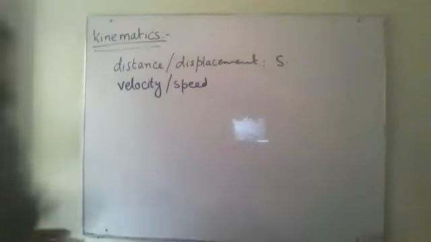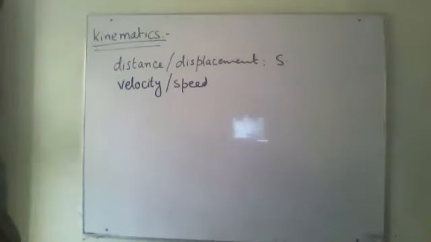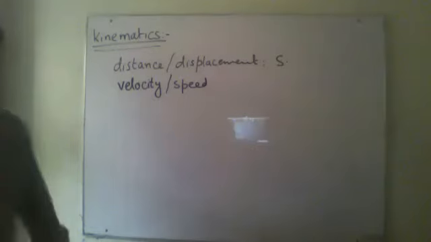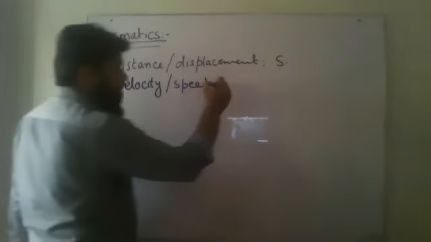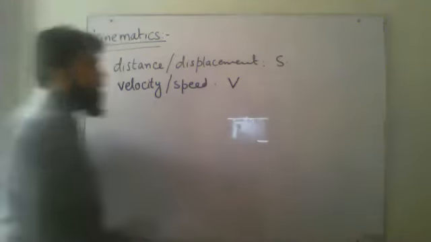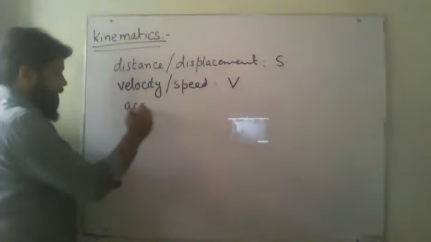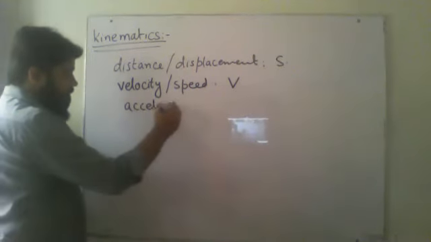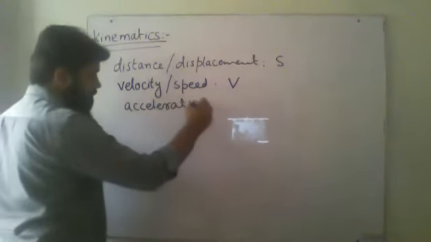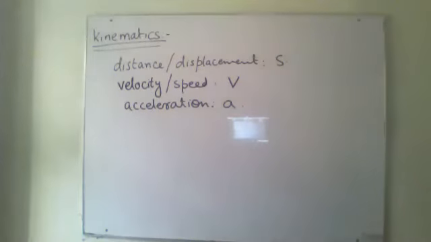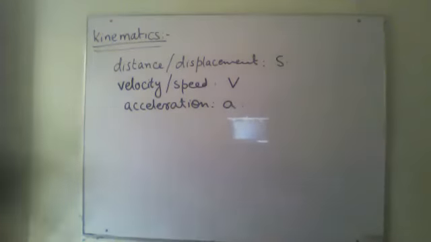The only difference is one is with direction and one is without direction. Velocity and speed. Then we have acceleration. These are the three things on which kinematics is based.